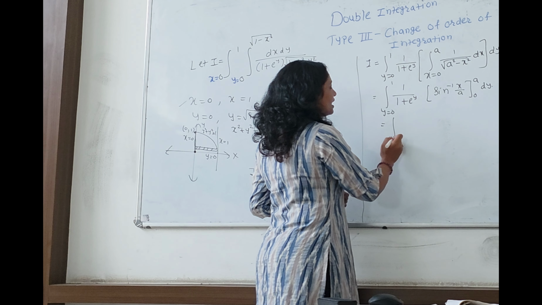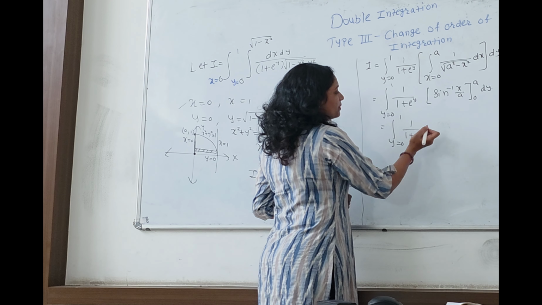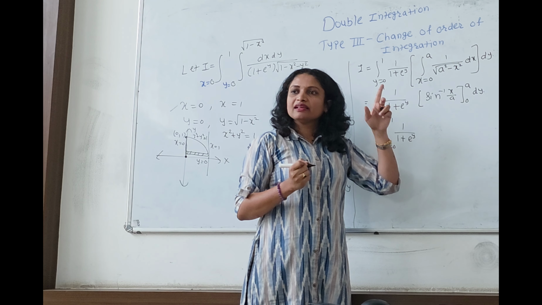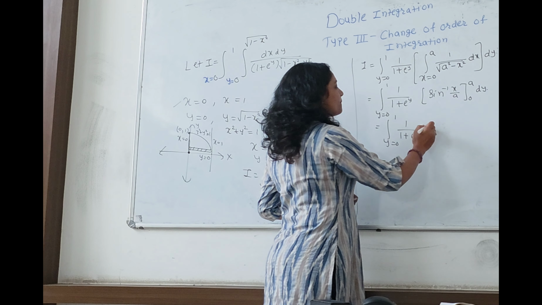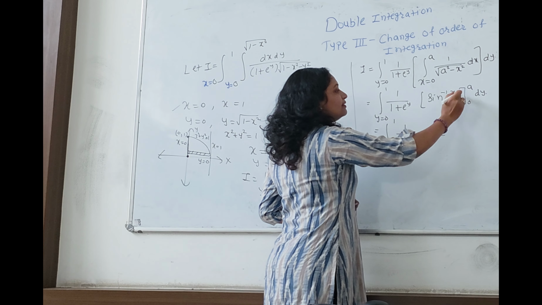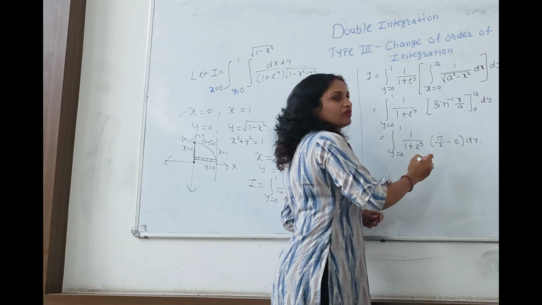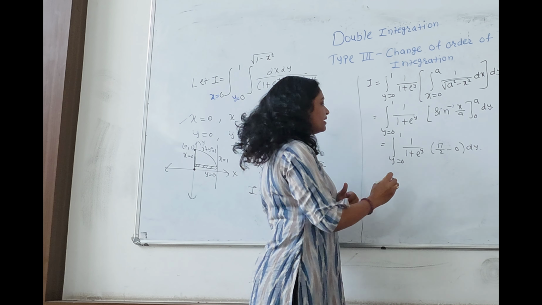Put upper limit: sine inverse of a upon a, sine inverse of 1 will be pi by 2. And sine inverse 0 is 0. So we have solved one integral. Pi by 2 is constant. Let's write it outside.